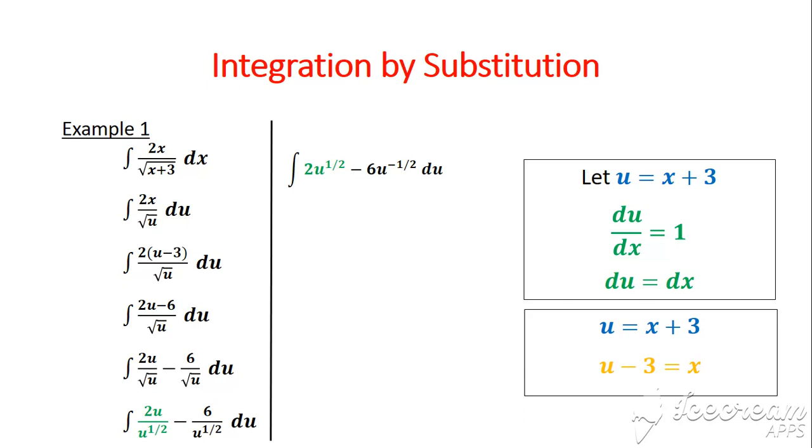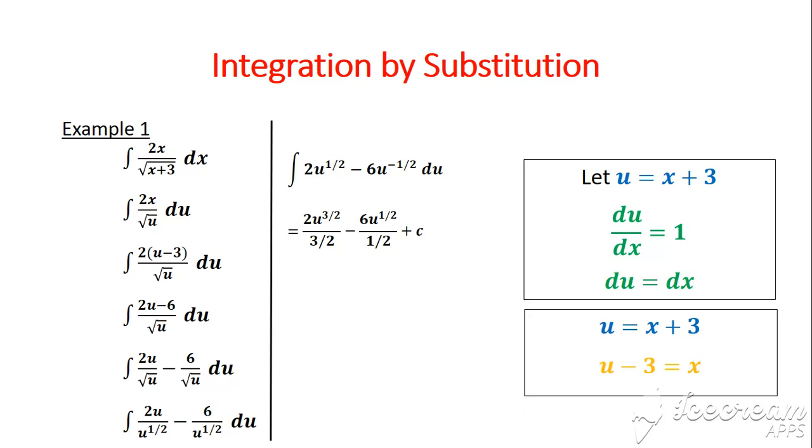The 2 stays there, but u over u to the half simplifies down to u to the half, because we go u to the power of 1 subtract u to the power of a half. And for this part, we bring the u to the power of a half up to the top of the fraction and join on with the minus 6, and it becomes a negative half power.